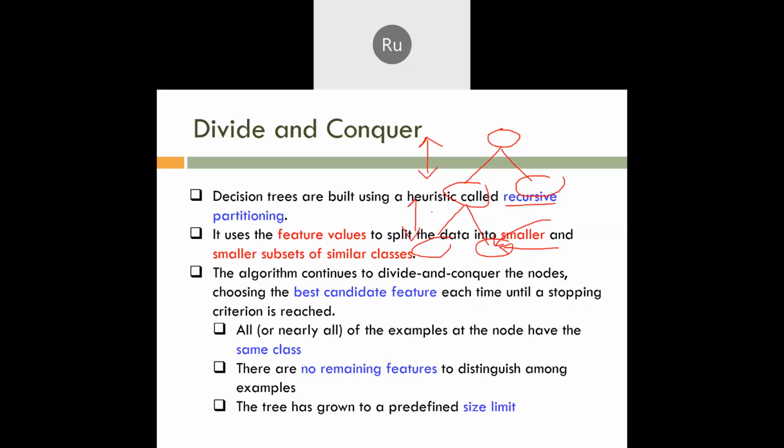In this case, we have two levels of depth. Let's suppose we say we will stop at level or depth number 4, so we only split the data up to level 4. This is also considered a stopping point.